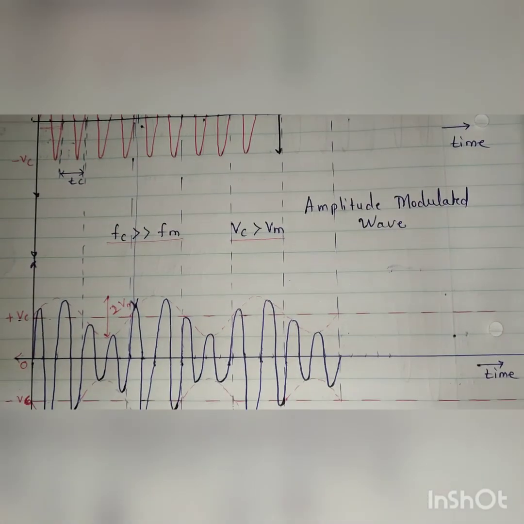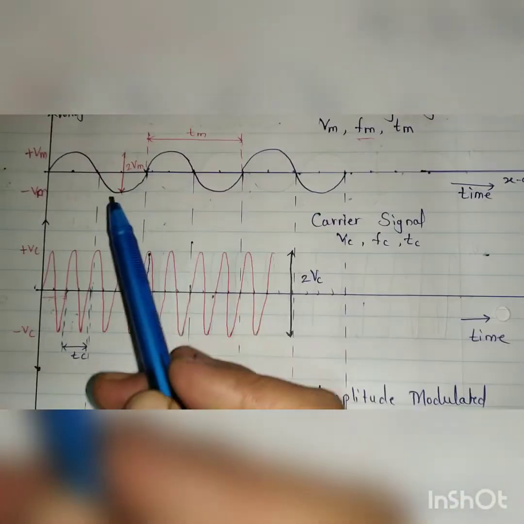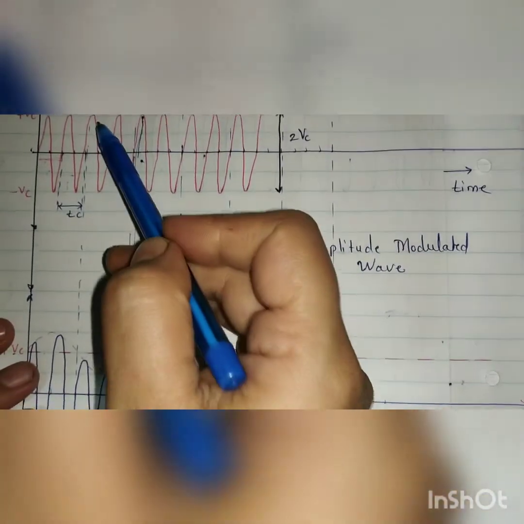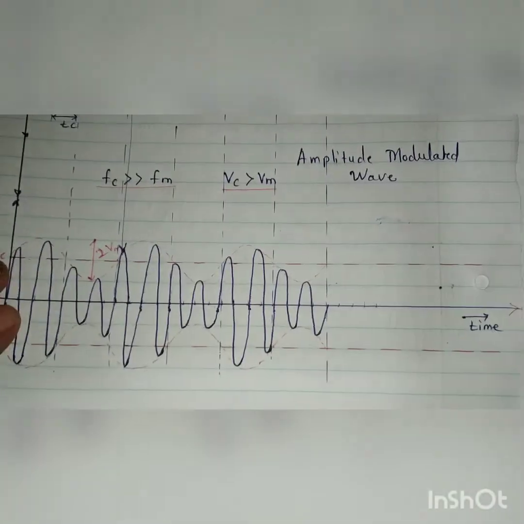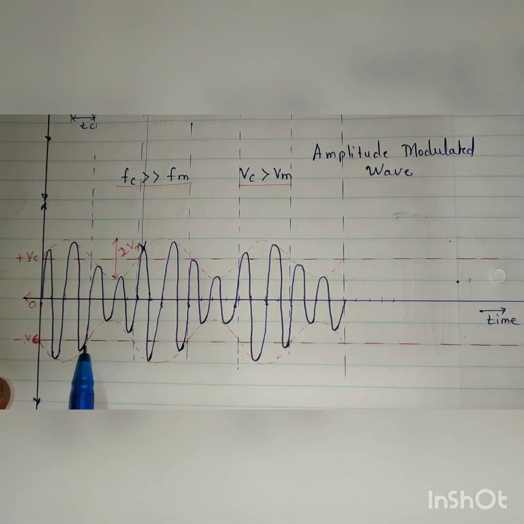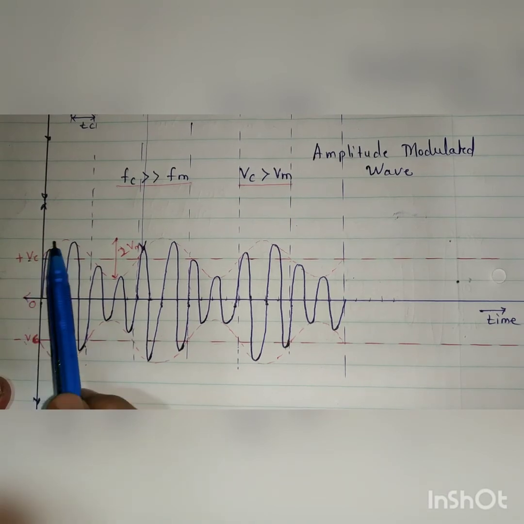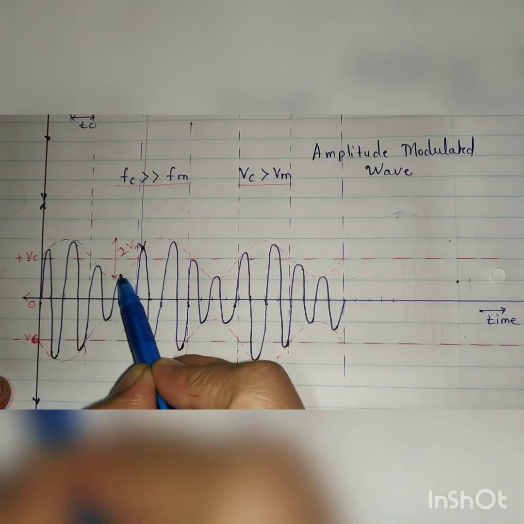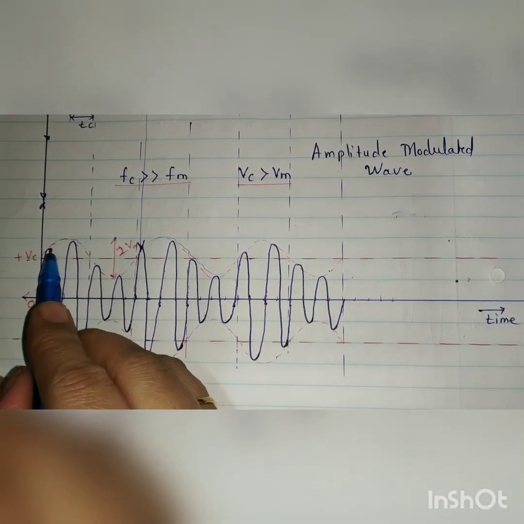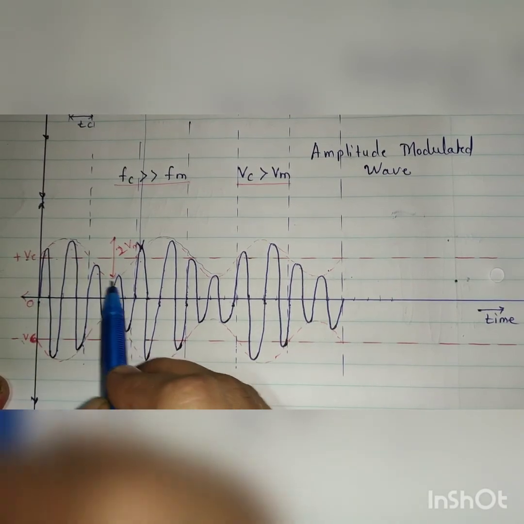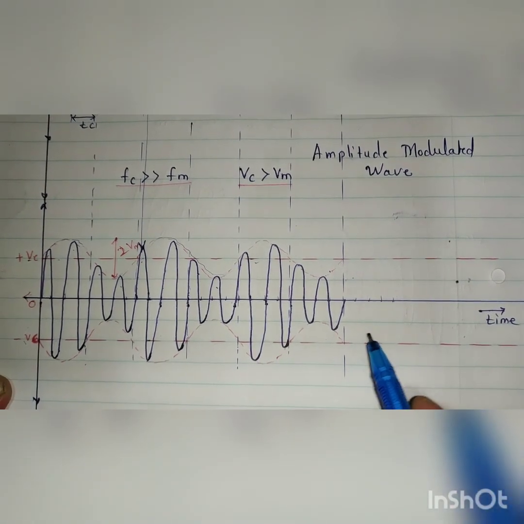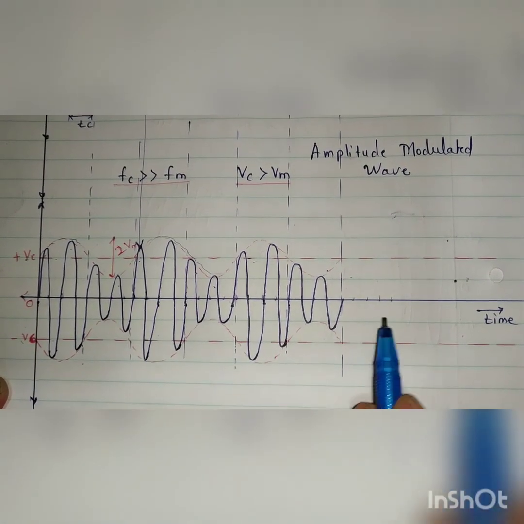So again I am going to tell you, I have drawn modulating signal voltage with 2 reference lines, carrier signal voltage with 4 reference lines, and now in amplitude modulated signal plus VC and minus VC reference lines are drawn, and on that plus VC and minus VC line I have drawn amplitude modulating signal, and according to that modulating signal, each peak of carrier signal is changing. So this is the amplitude modulated wave, or you can say amplitude modulated envelope.